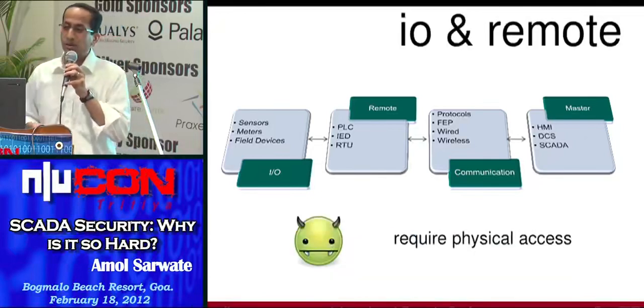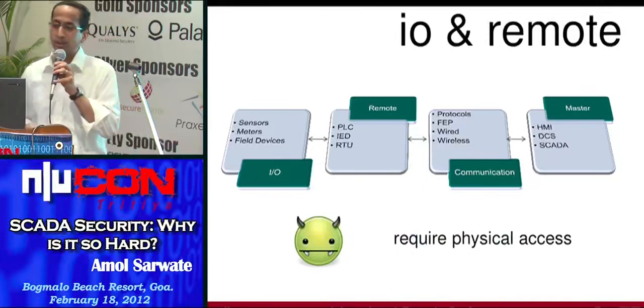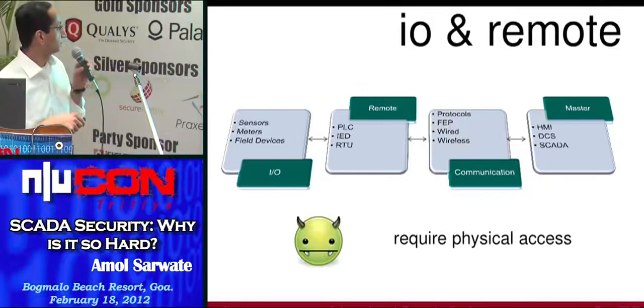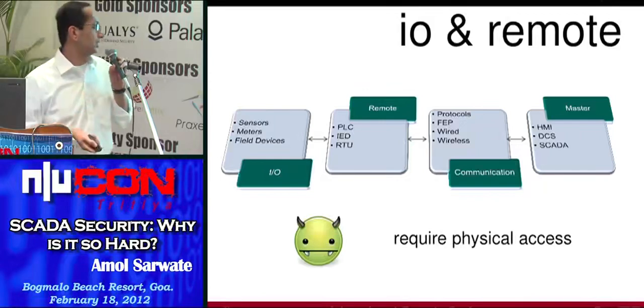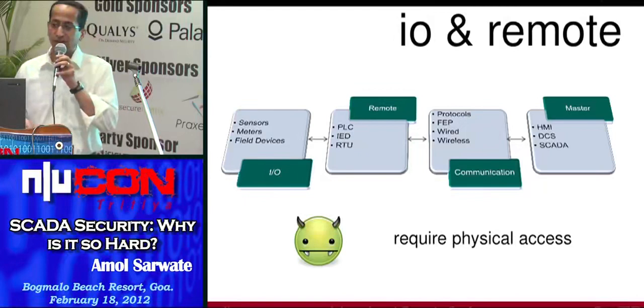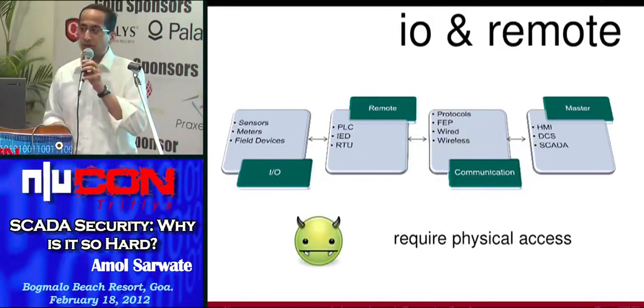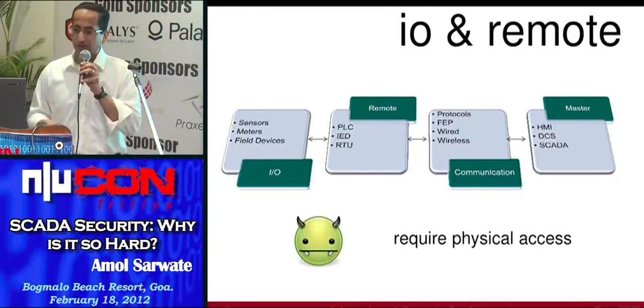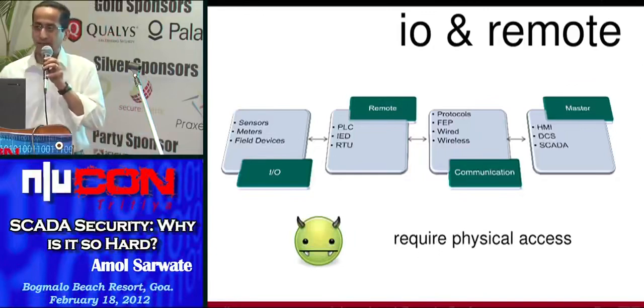So there are some threats which are between I/O and remote, so between the communication between this and this. But these threats mostly require physical access. An example of such a threat could be that there is a sensor and you go and vandalize that sensor.